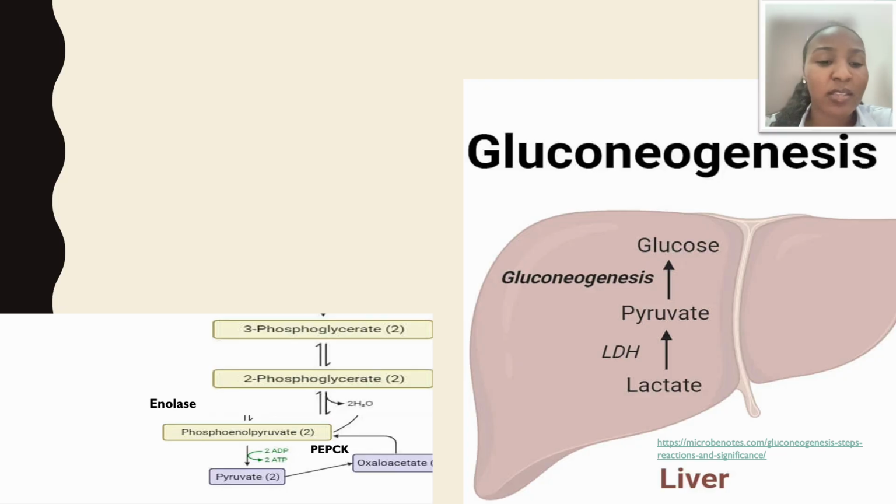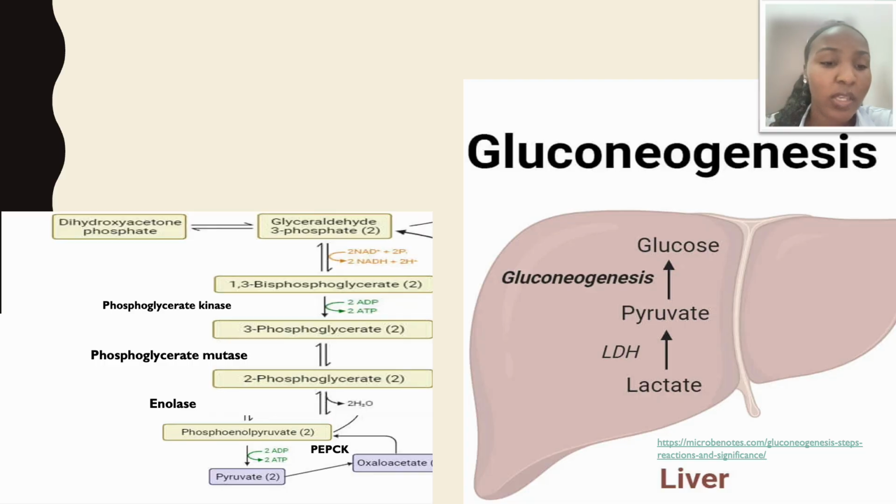And then we have the enzyme enolase that is going to hydrate the phosphoenolpyruvate, and give us 2-phosphoglycerate. And then the enzyme phosphoglycerate mutase is just going to rearrange those phosphate groups, and then we have 3-phosphoglycerate. And then the enzyme phosphoglycerate kinase is going to phosphorylate that phosphoglycerate, and now we have 1,3-bisphosphoglycerate.